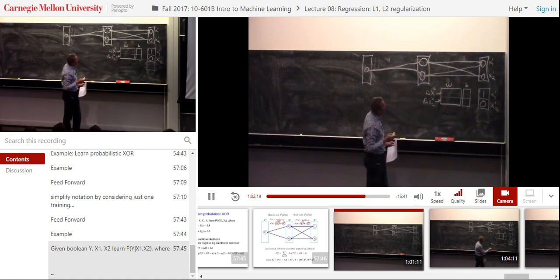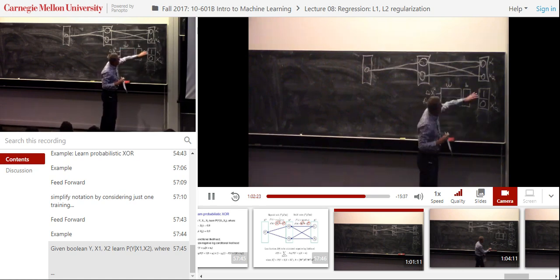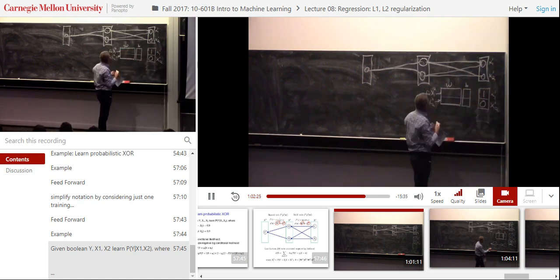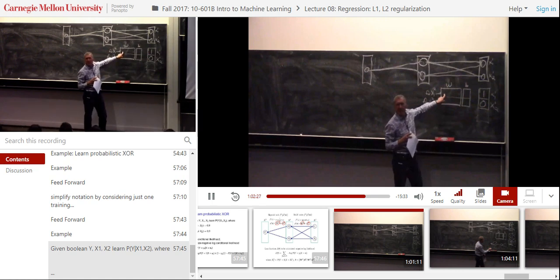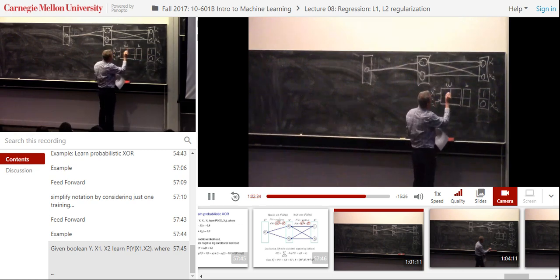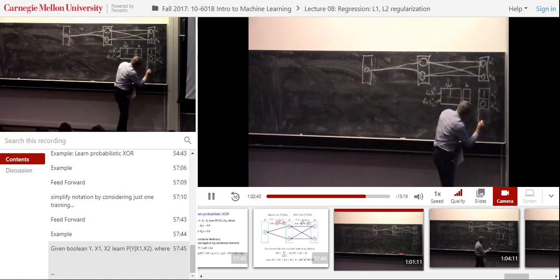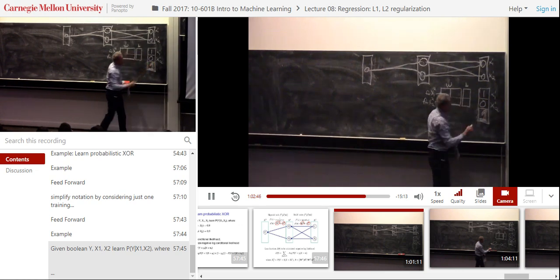And we have to compute some linear combination of these. So we need weights. How many weights do we need here? 2, right? We have 2 inputs, we need 2 weights. And we need a constant too. Here's what I'm going to do. I'm just going to say this is a frozen 1. You cannot change this 1.